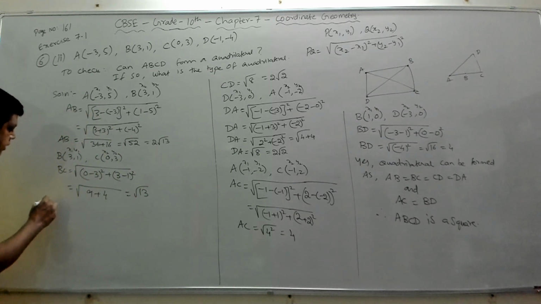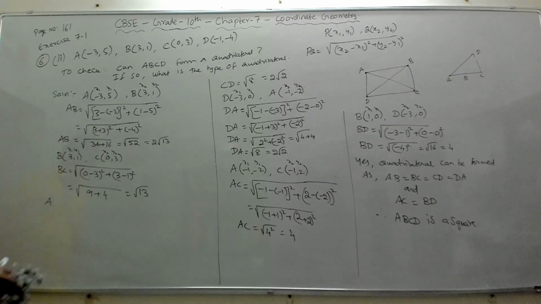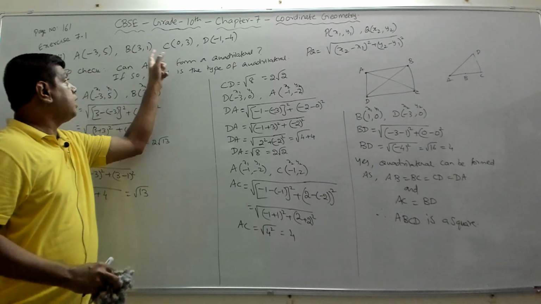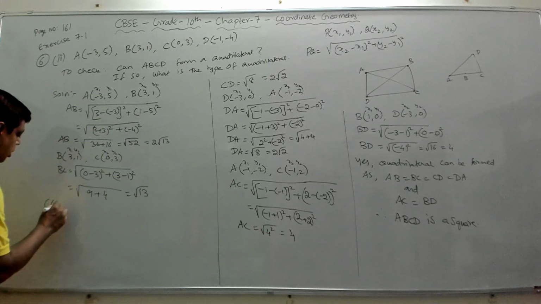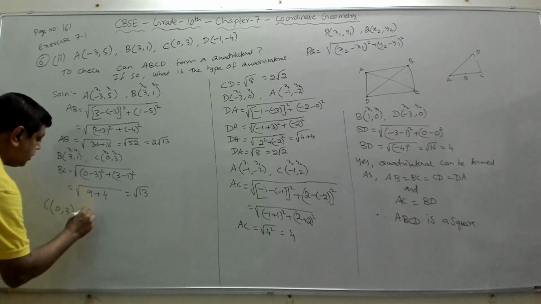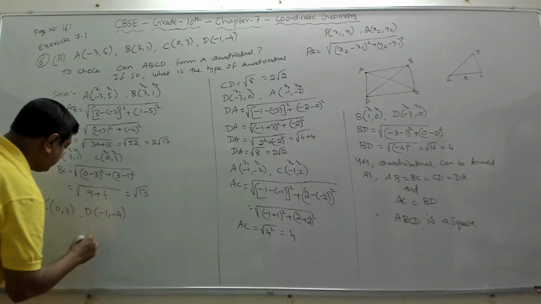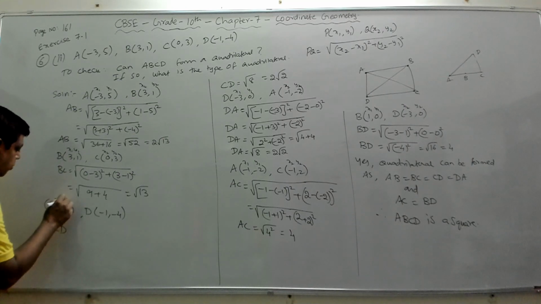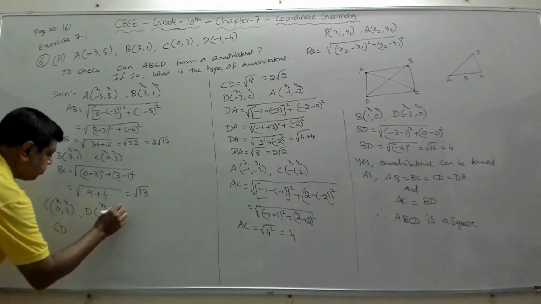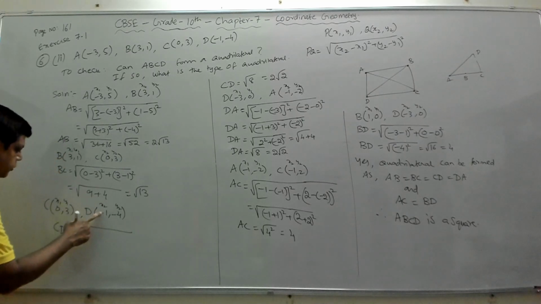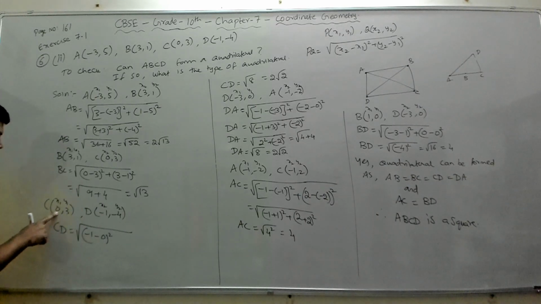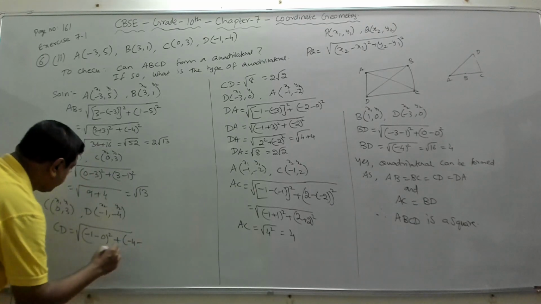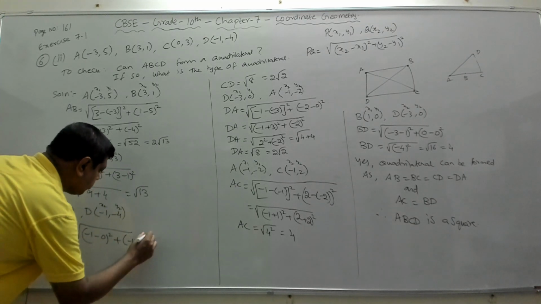Then AB, BC and CD. Let's find CD. So C is 0, 3 and D is -1, -4. So this is x1, y1, x2, y2. CD equals square root of x2 minus x1, so -1 minus 0 the whole square, plus y2 minus y1, y2 is -4 minus y1 is 3 the whole square.